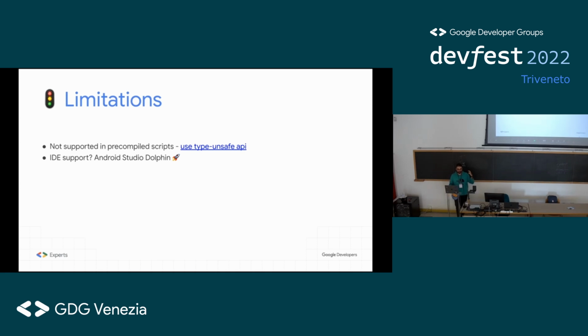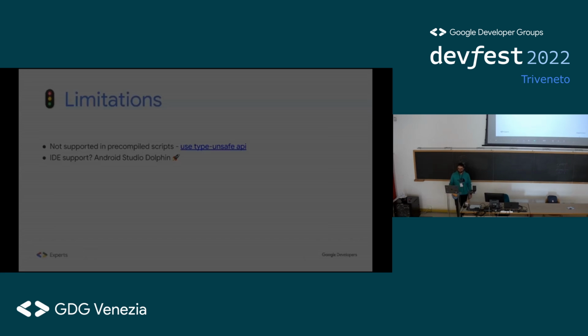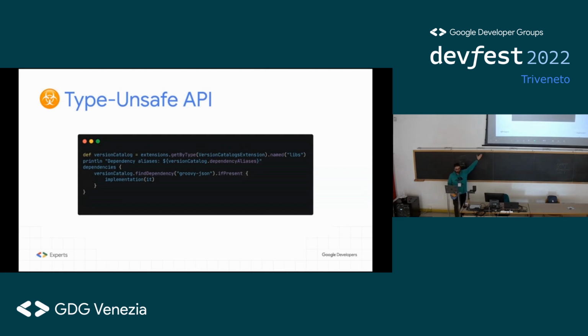You refactor your Gradle script, or there's the type unsafe API, which is just the default way we've been doing the applications all the time. And here's the type unsafe API. Basically, it's all the same as we had for years.